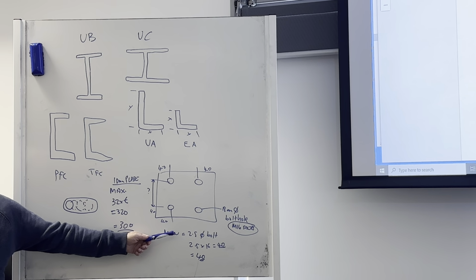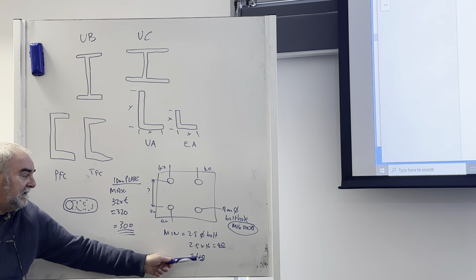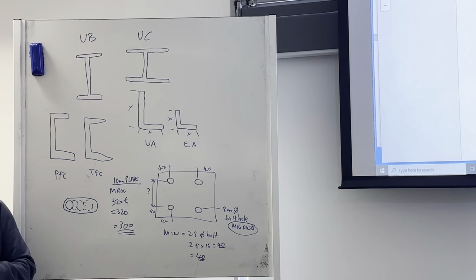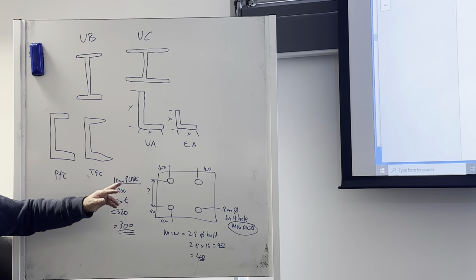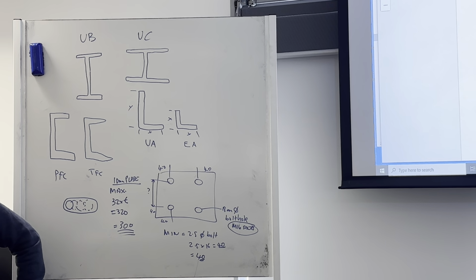So the calculation: 2.5 times the diameter of the bolt, 2.5 times 16 equals 40. So the minimum around the smaller parts is 40. Work out the maximum: it is 32 times T, but there is also a proviso there of 300 as your maximum. Now if that had been an 8mm plate, it would have been 256, because I'm really very fast at math. And I also have the answer over there.